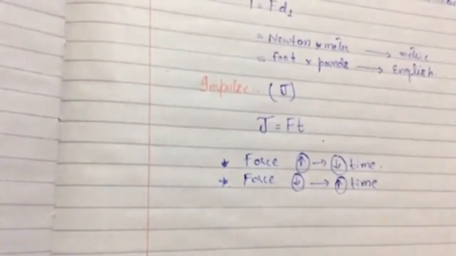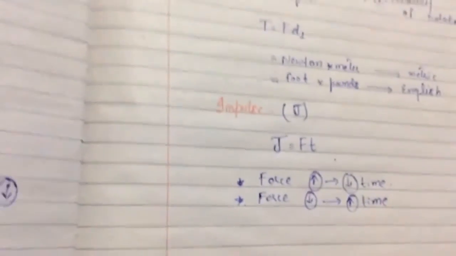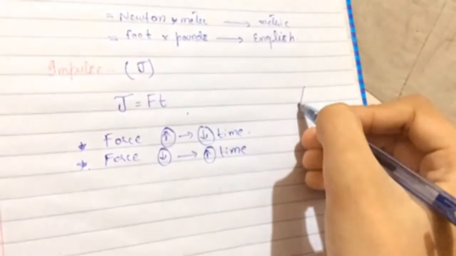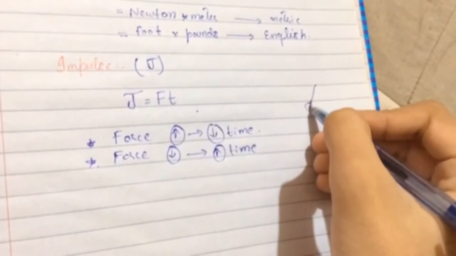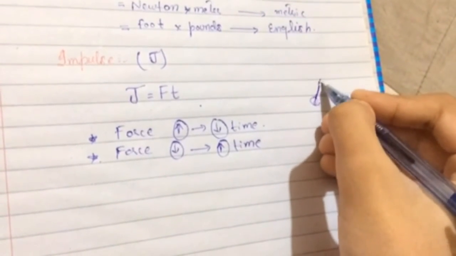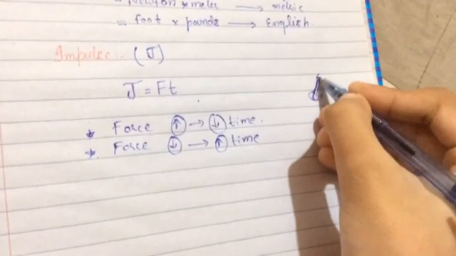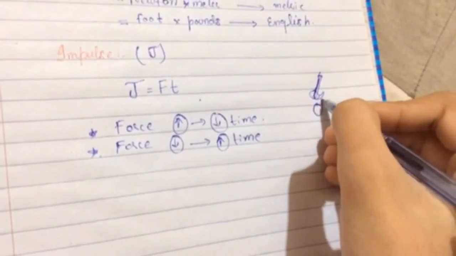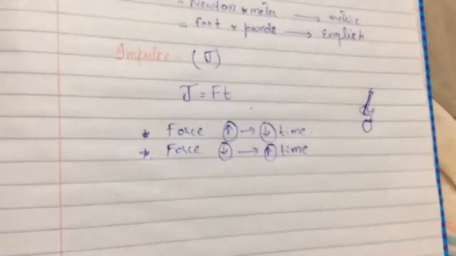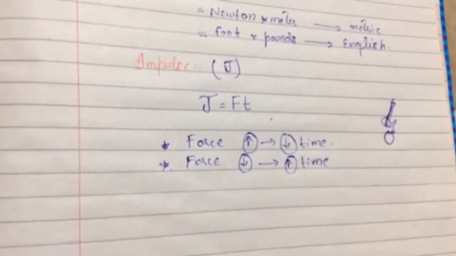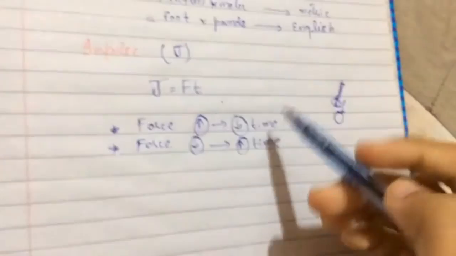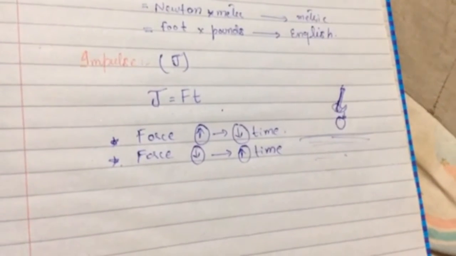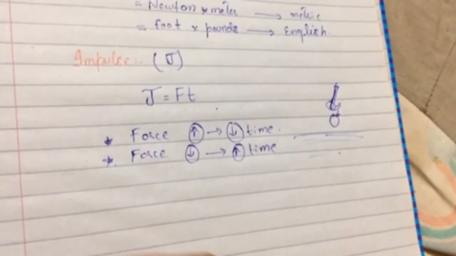Take the example of the golf ball. That is the golf bat, and that is the golf ball. When we strike the ball, it gradually decreases its speed due to the grass or the ground, because it gradually loses speed because of the small force of rolling friction.